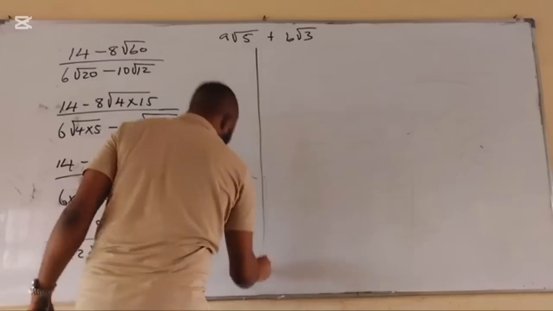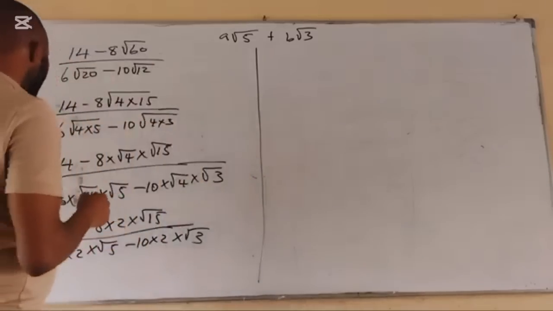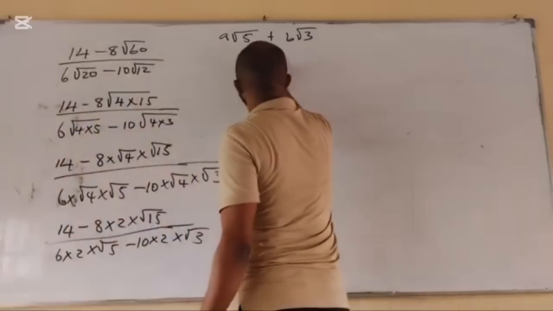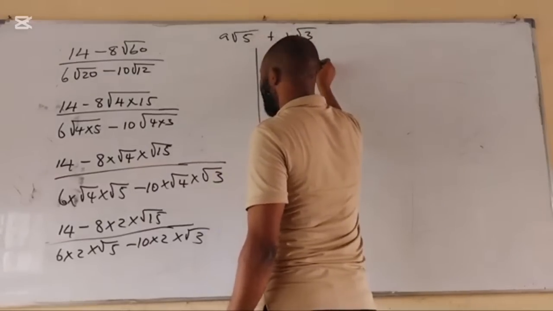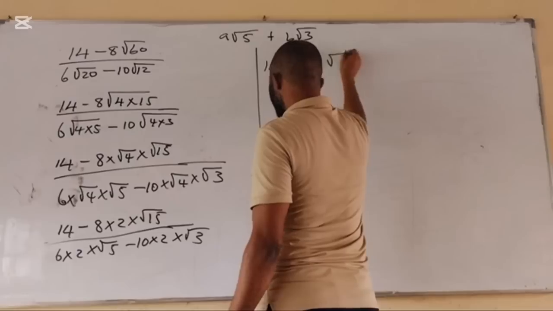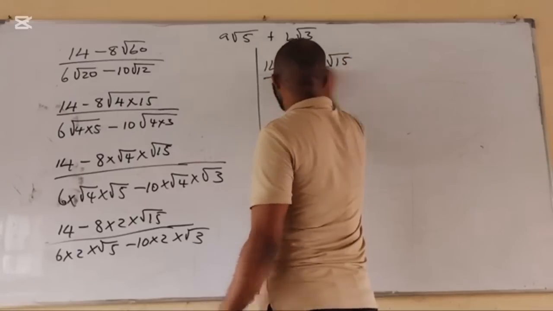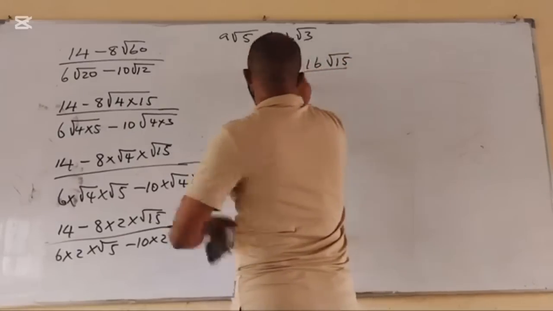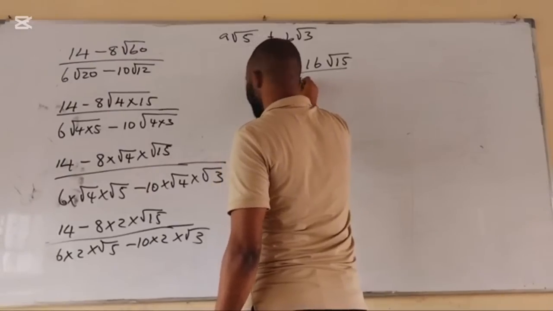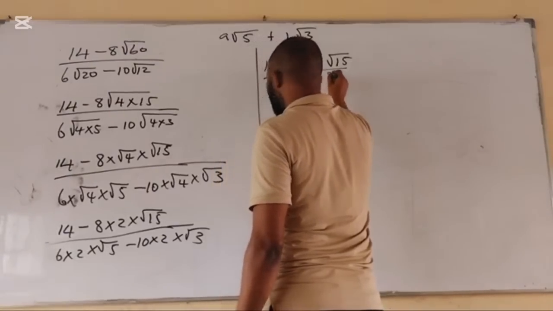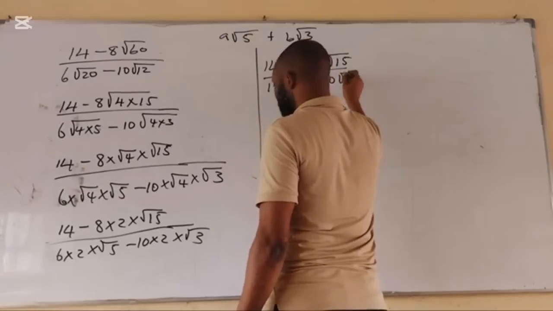So now we have 14 minus 16 root 15 over 12. 6 times 2 is 12 root 5 minus 10 times 2 is 20 root 3.